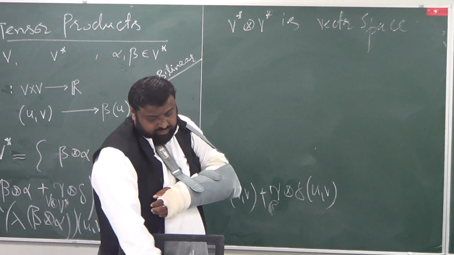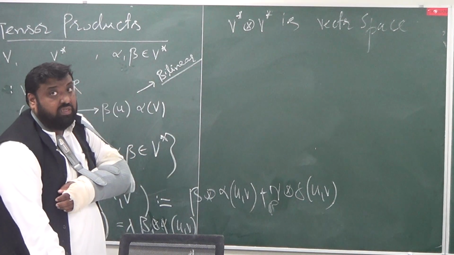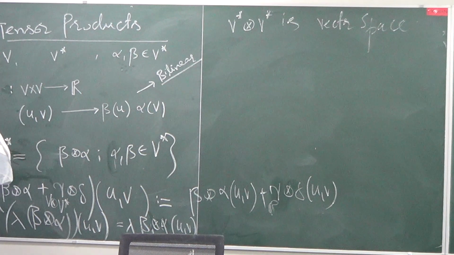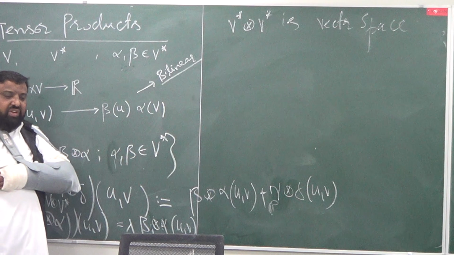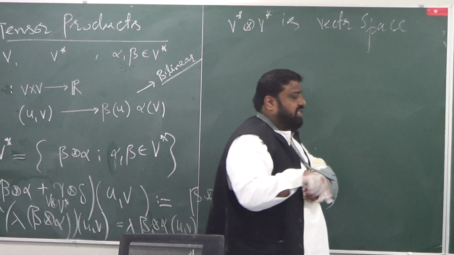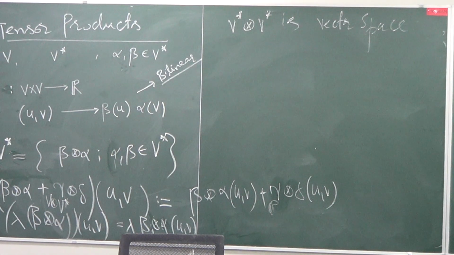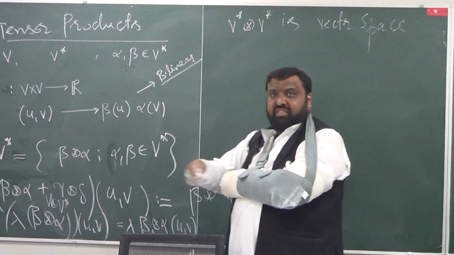The field R remains the same here. Everything is in R. Sir, are we in R, or is it always R? No, you can take it to an abstract field actually. For example, if you read this book by Barrett O'Neill, called Semi-Riemannian Geometry, it defines this very abstractly.